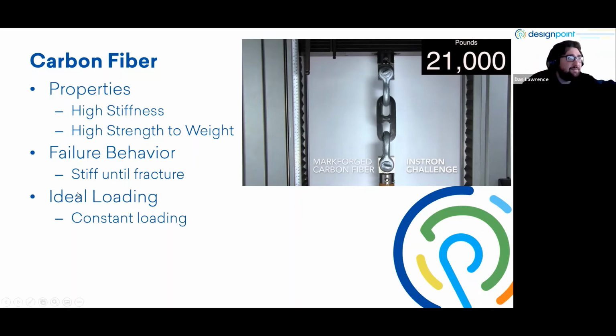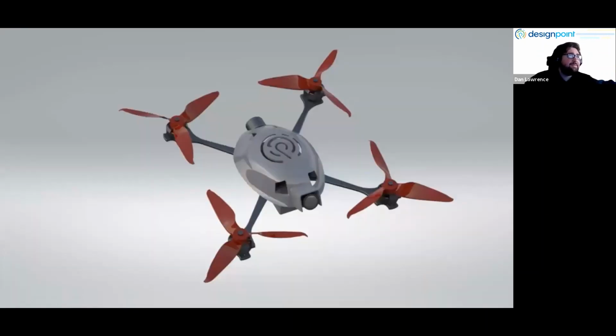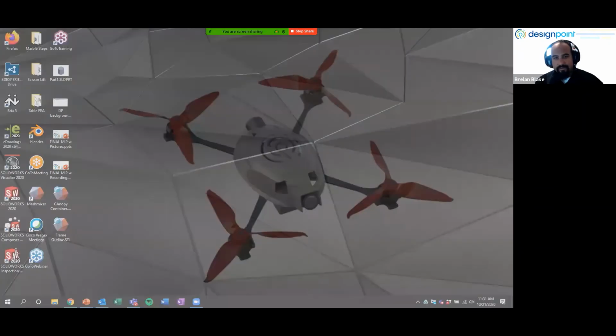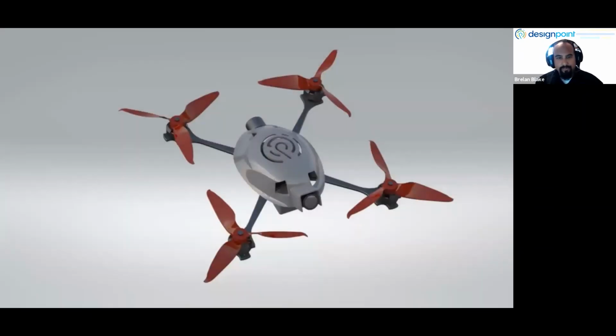I'll show you some renderings that we did of it. Sure. Thanks, Dan. So in this first rendering, we just applied appearance, a couple reflections on the surface of the quadcopter. We were trying to push it through Visualize just to give it a pretty cool perspective, a final appearance.